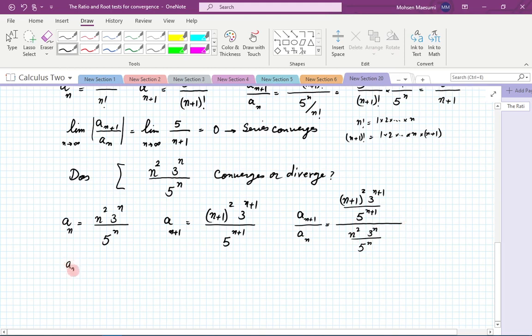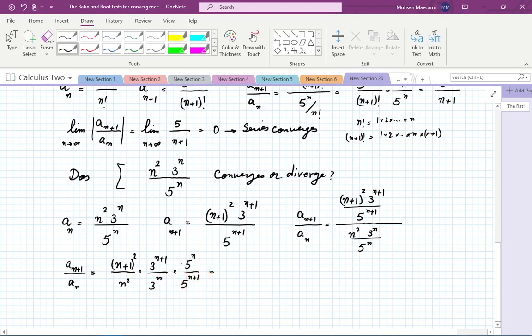So a_{n+1} to a_n is, let's write similar terms next to each other so simplification becomes simple for us. So I have 3 to the power of n plus 1 over 3 to the power of n, and then 5 to the power of n over 5 to the power of n plus 1.